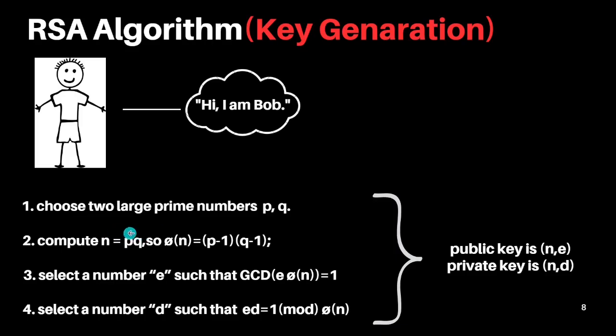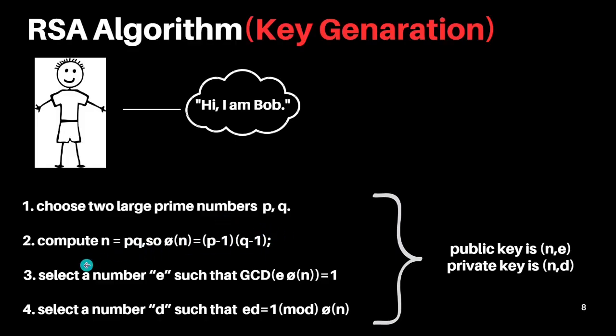Since n equals p times q, phi of n, which is nothing but phi of p multiplied by q, will be equal to p minus 1 into q minus 1. This point we already mentioned in the previous slides: phi of p and q equals p minus 1 and q minus 1, where p, q are primes. If you forget, go back to the video and look at this point once.